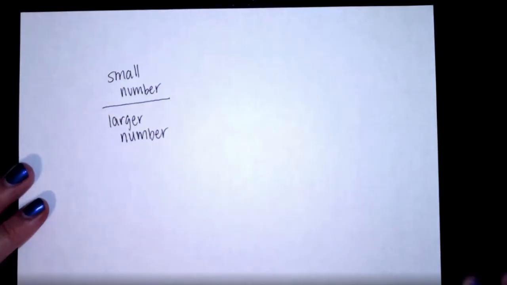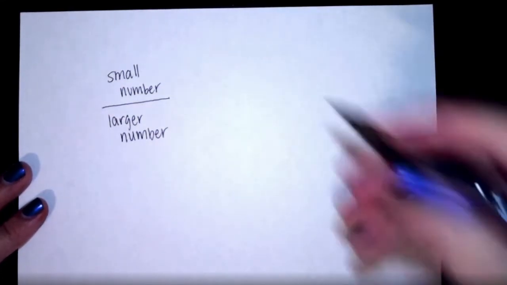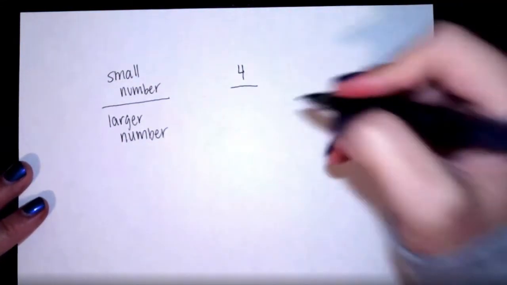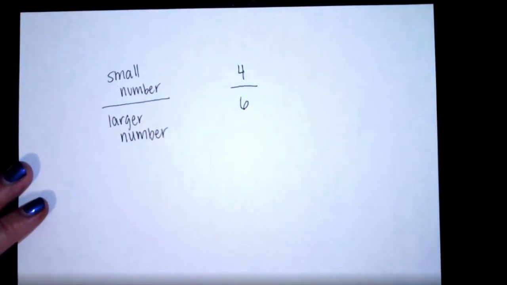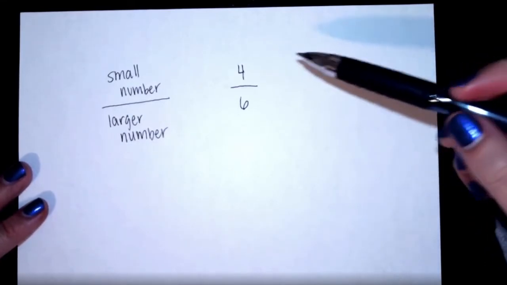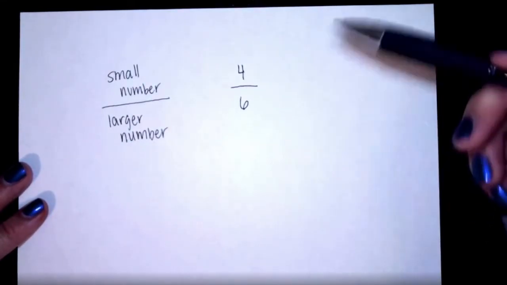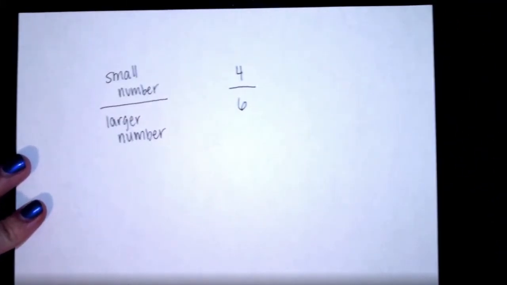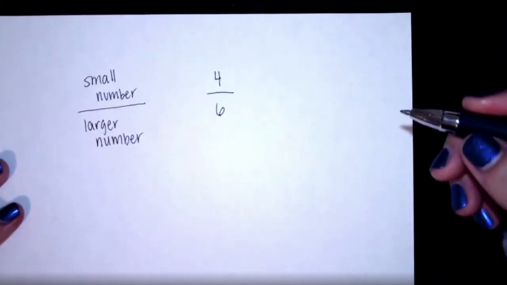Okay? So let's pretend I put the number 4 on top, and I put the number 6 on the bottom. On your slides, you are going to match that, and then in your notebook, you're going to try and draw this picture.